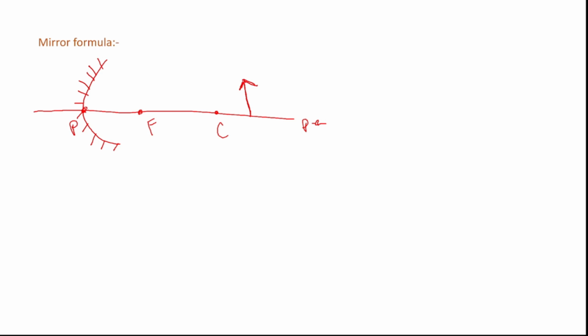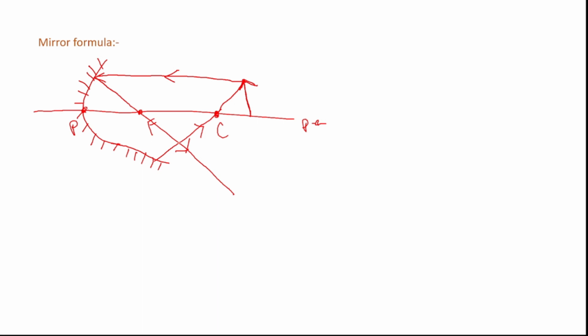Let us say a light ray has fallen from this object onto the mirror in this direction. The ray will definitely reflect back passing through the focus, in this direction. Again, let us say another ray has passed through the center of curvature and fallen on this concave mirror. What will happen when a ray passes through the center of curvature and falls on the mirror? It will retrace its own path, right? So it has retraced its own path.